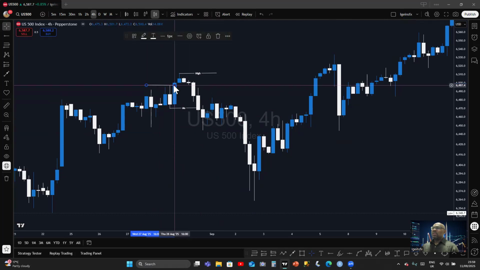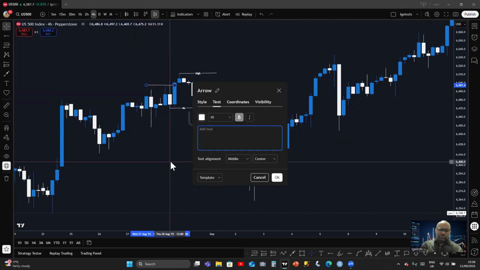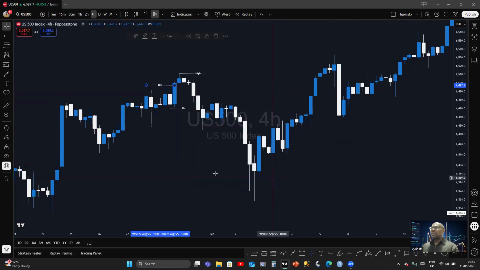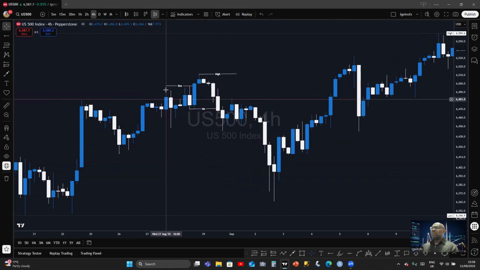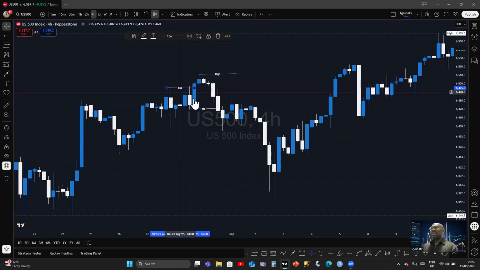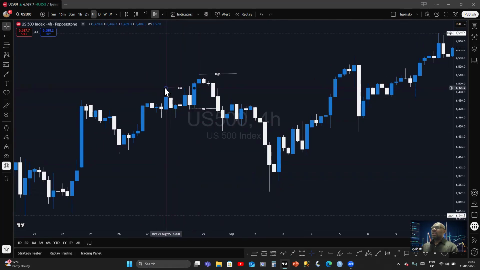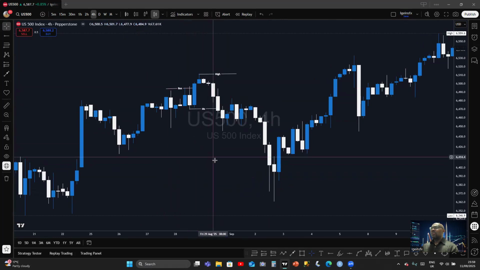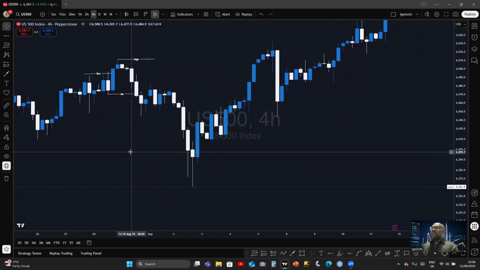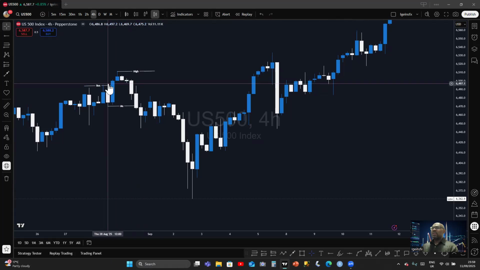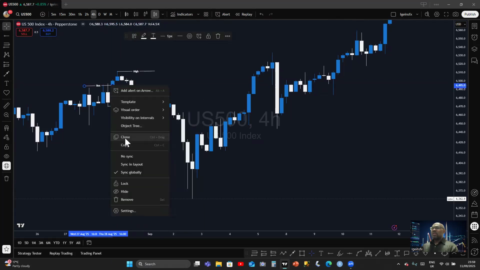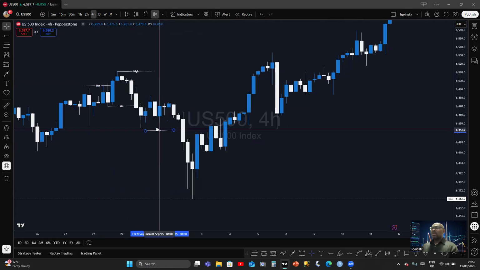It was the last break of structure. It's not that clean, but if you look at it very well, you discover that there was a push above this level. You have to take it as a break of structure. Then from here, after this market shift, price now gives us a break of structure to the downside.